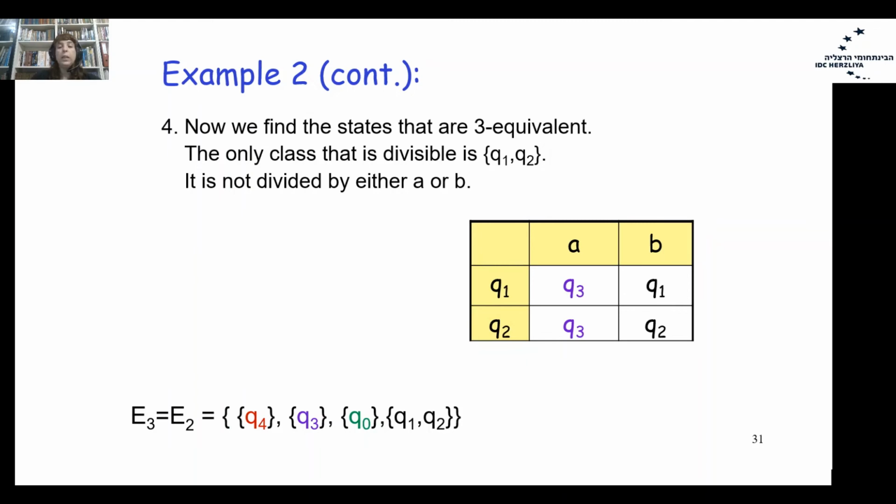Therefore, we didn't manage to find a separating word of length 3, and therefore we have E3 that equals E2, and our algorithm stops. We can't add any additional classes if we continue with this algorithm.